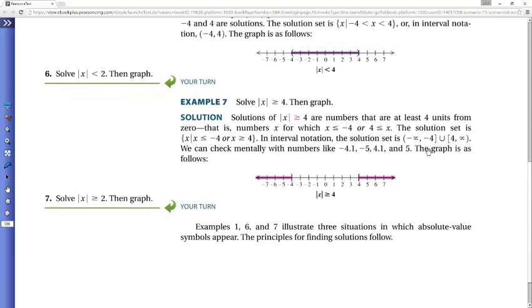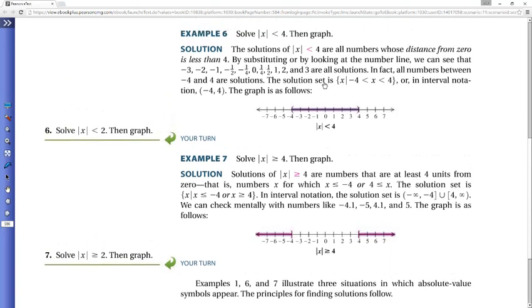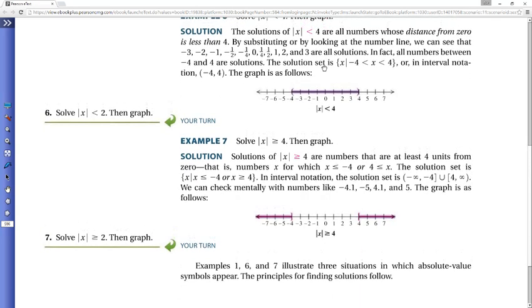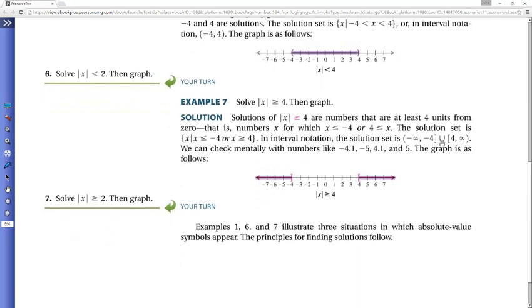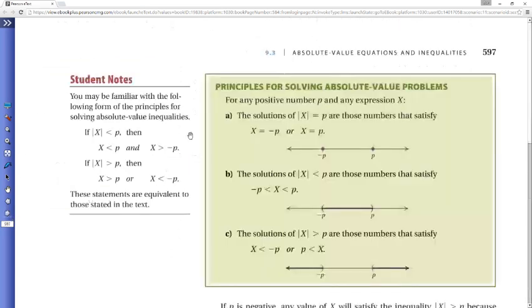And what we're talking about now, notice this union symbol, where in the less than we're talking about intersections, and here we're talking about unions. So they give these principles on absolute values too.